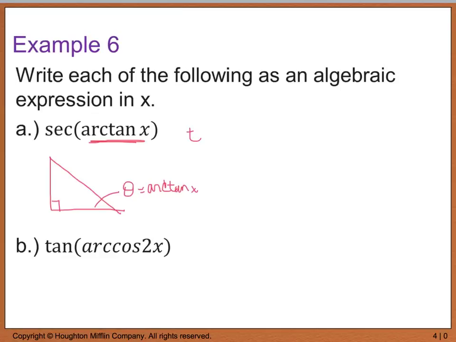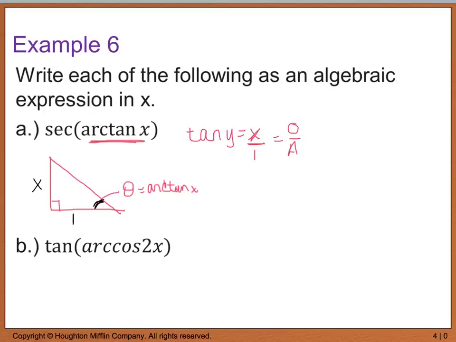So when I go to find my tangent, I know that tangent of theta equals x, and this is really x divided by 1. And tangent is equal to opposite over adjacent. So the opposite side from this angle is going to be x. My adjacent side is going to equal 1.